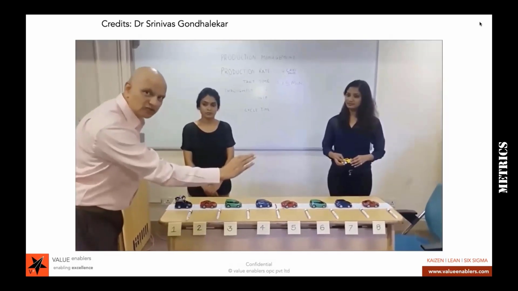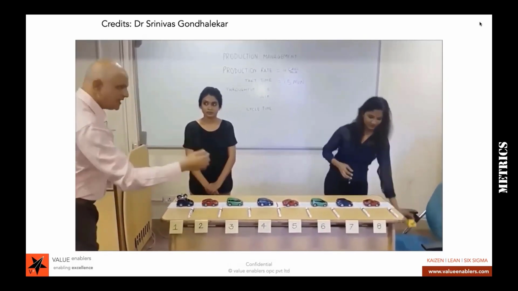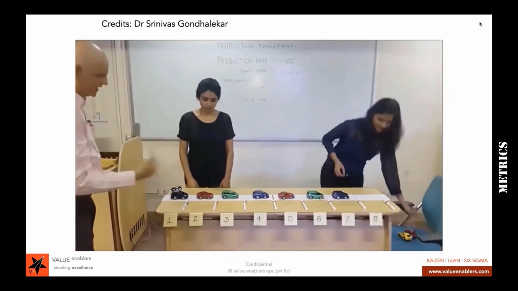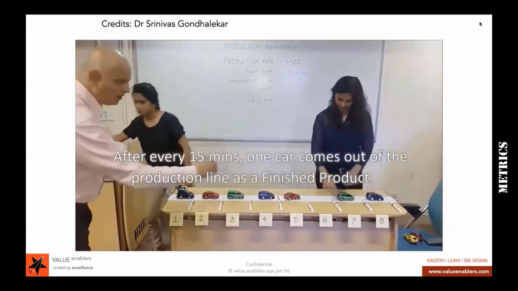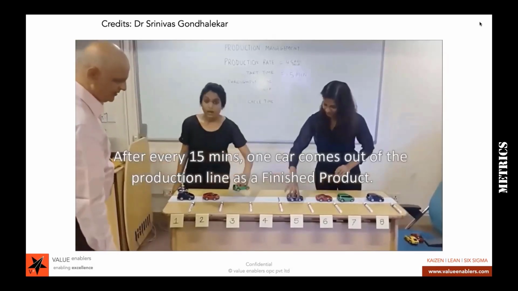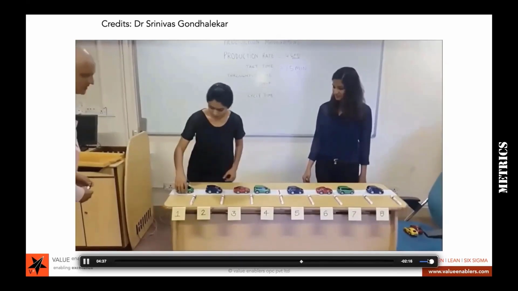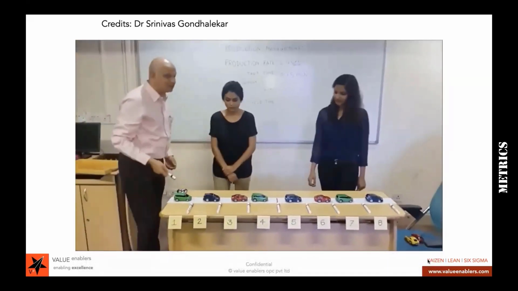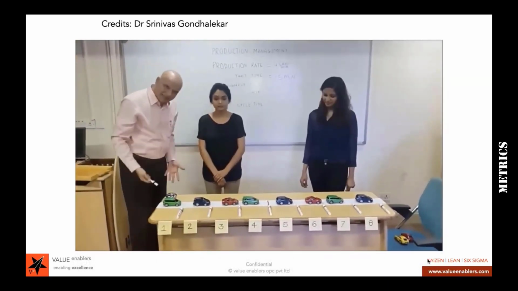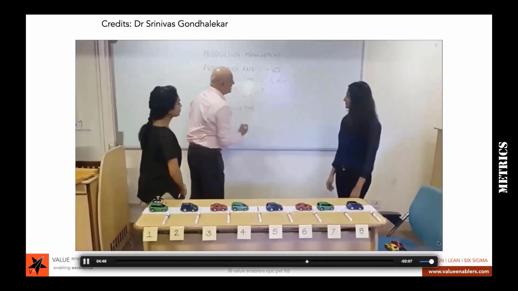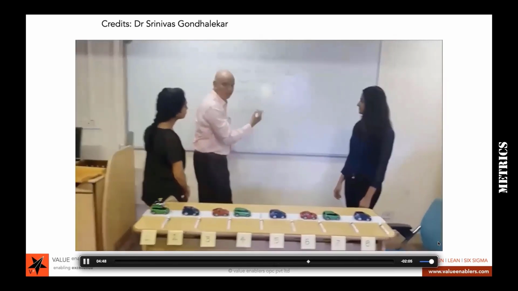If production continues, what will happen? Let's say one more car, 15 minutes gets over. So another car goes out of the system and all the cars move ahead by one operation. The result is, how many cars are there in the system now? 8 cars. Still 8 cars. So always 8 cars. Now how did we get the 8 cars? Can we see any kind of relationship?